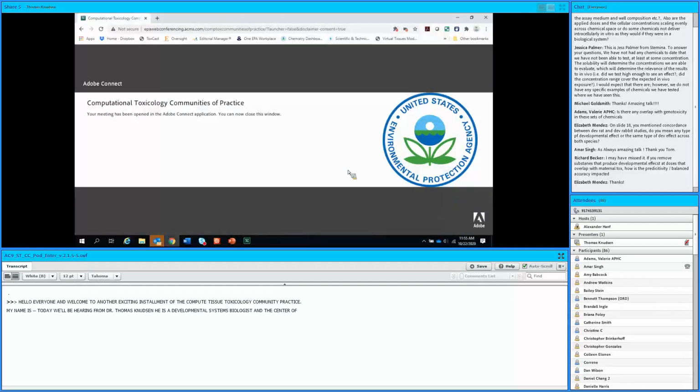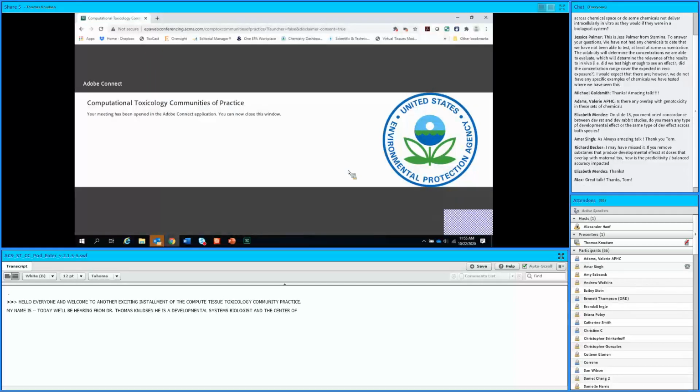Gotcha. And so another one from Richard Becker. They say, I might have missed it, if you remove substances that produce developmental effects at doses that overlap with maternal tox, how is the predictivity/balanced accuracy impacted? It's destroyed. What we're finding, Richard, is that when we try to predict the held-out set, there's almost no good negatives in there where you have a negative response between two species, because that would have been put into the training set.